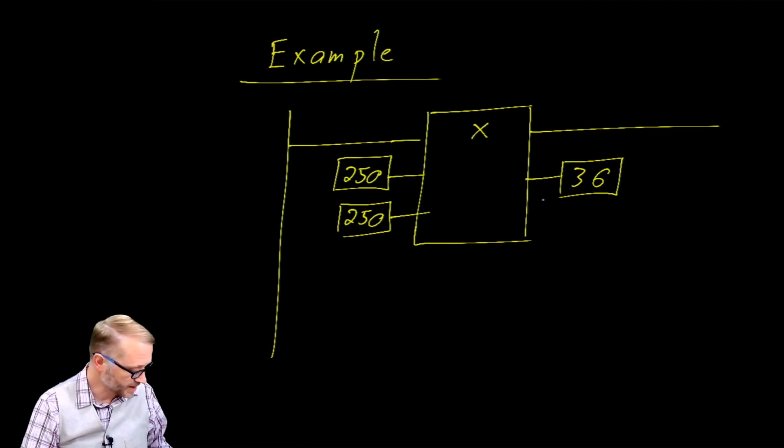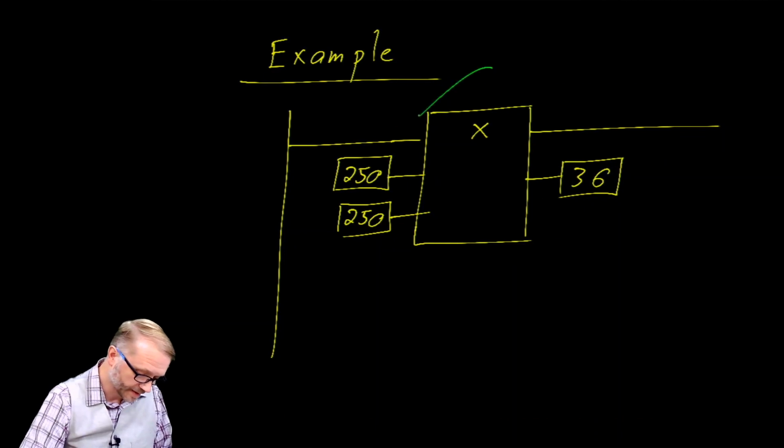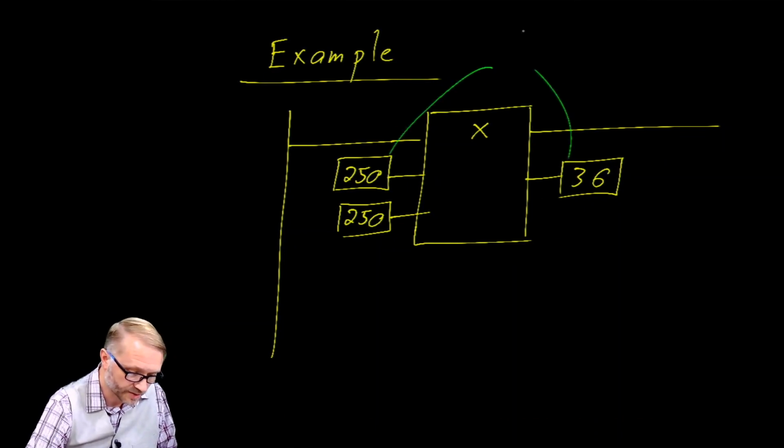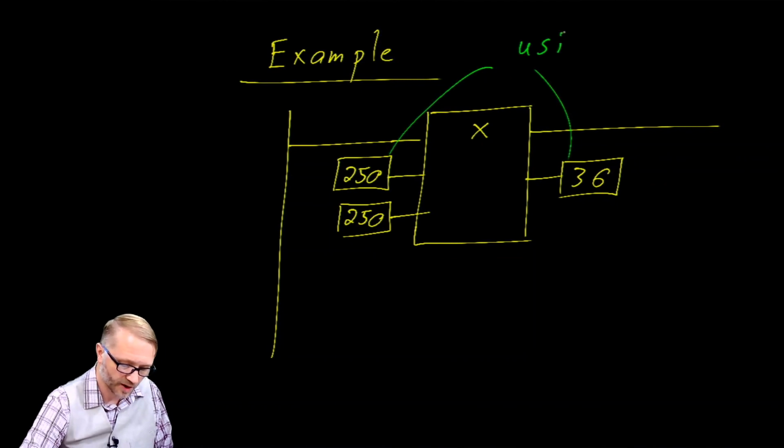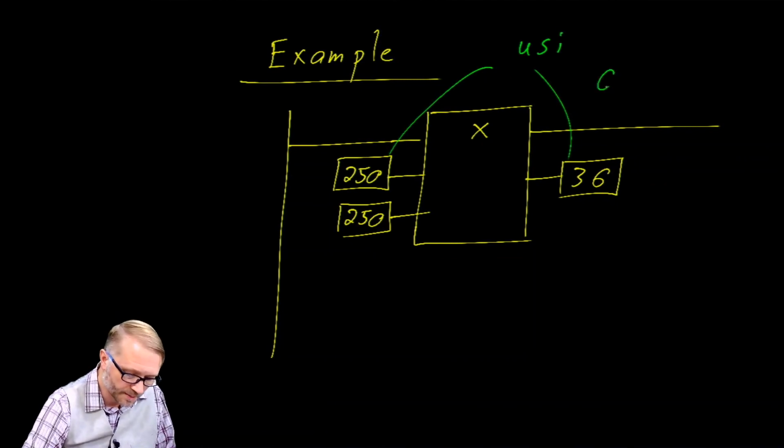But what was our assumption? Well, first we used unsigned short integers for all of our operations, where the number could take on values from 0 to 255.